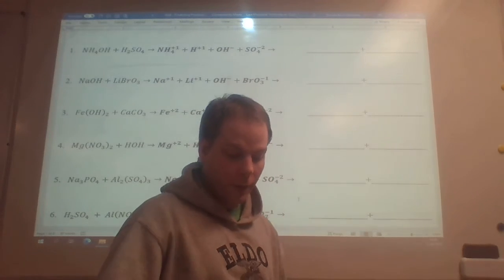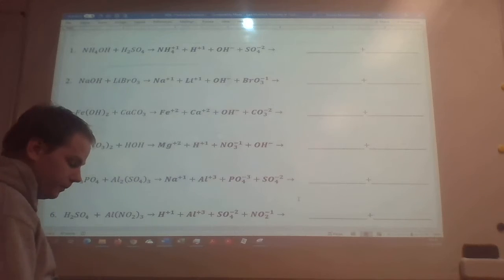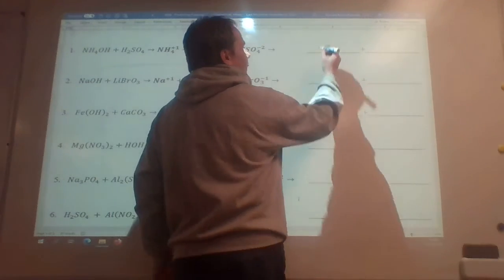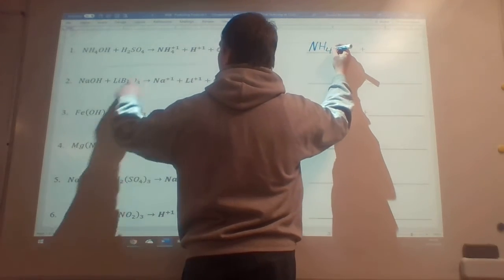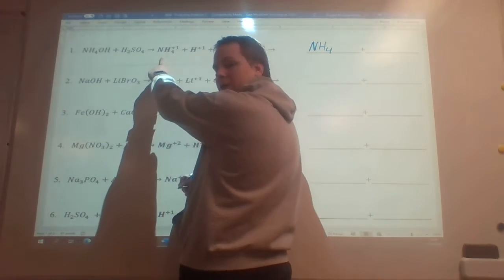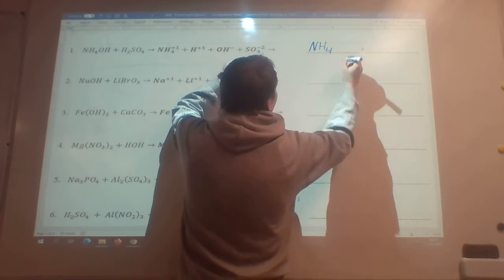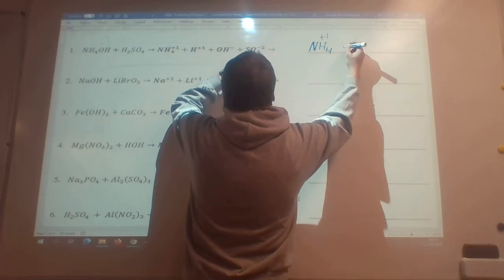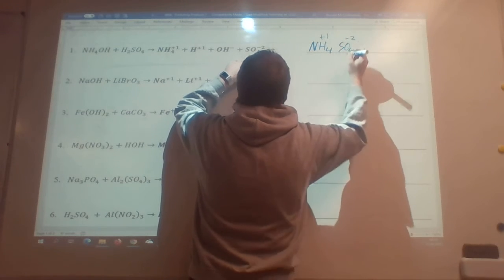I'm going to pull my stool out so I can reach this a little easier. So we're going to have NH4. Can you see? There we go. NH4 with +1 charge, and SO4 with a -2 charge.